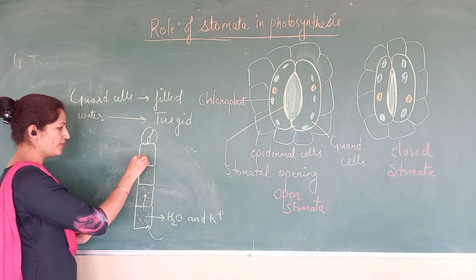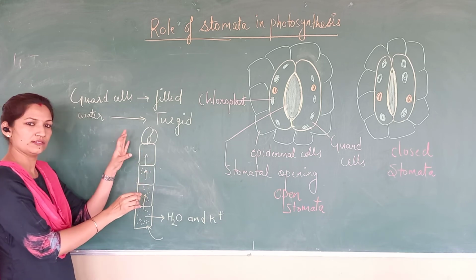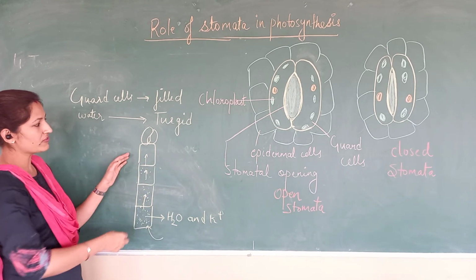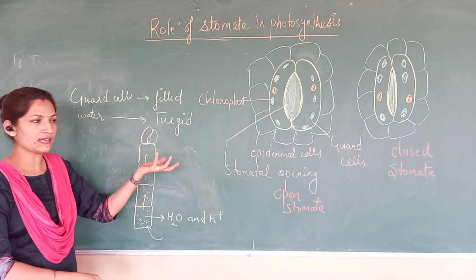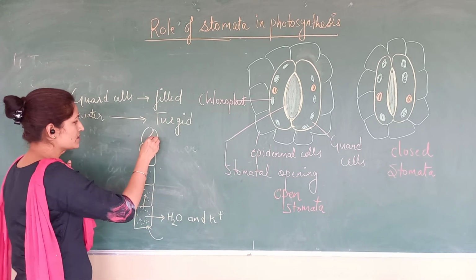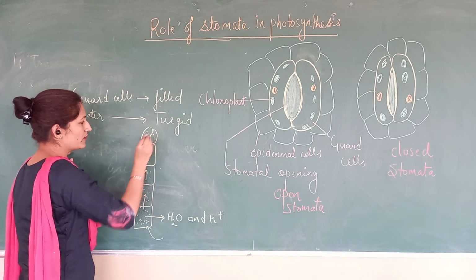Water will keep on moving in the upper direction from higher concentration to lower concentration and reaches the outer one, that is, the epidermis containing the stomata. So these guard cells are filled with water.